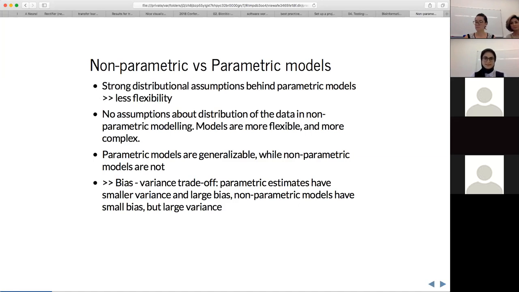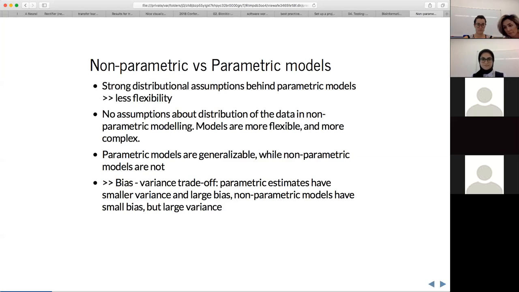There's lots of asymptotic assumptions around these methods. And so this makes these statistical models less flexible in terms of applying these kind of methods to situations where the underlying distribution assumption may not necessarily hold, or the asymptotic properties may not necessarily hold.